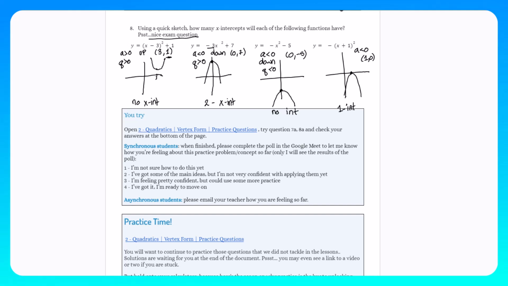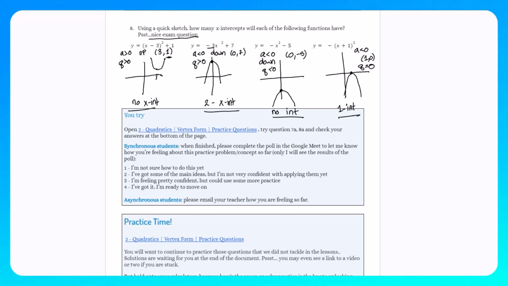And when A was negative but Q equaled 0, there was 1. You see the pattern. When the signs of A and Q are the same, there's none. When the signs are different, in other words one's positive and one's negative, there's 2. And when Q equals 0, regardless of whether A is positive or negative, there's 1. So keep this one in mind.